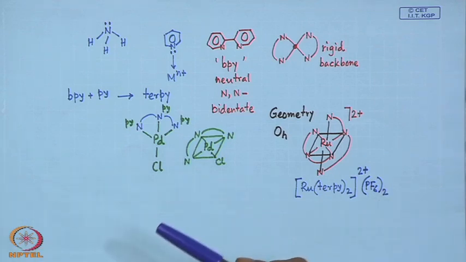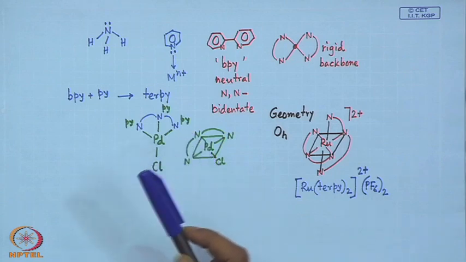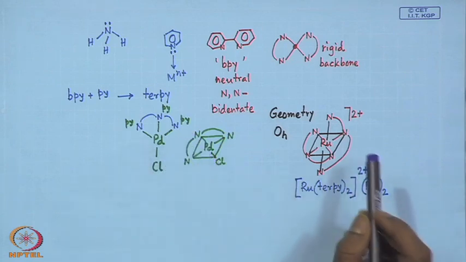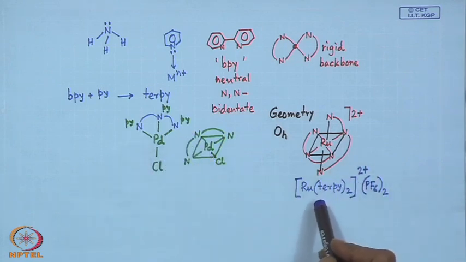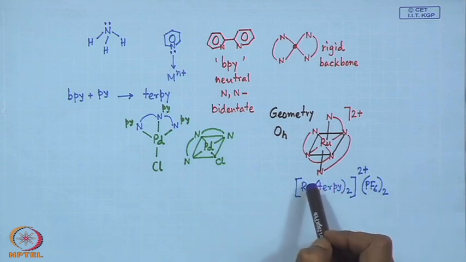This sort of ligand is also very important because the photophysical and other properties of these ruthenium terpyridyl compounds are very rich.